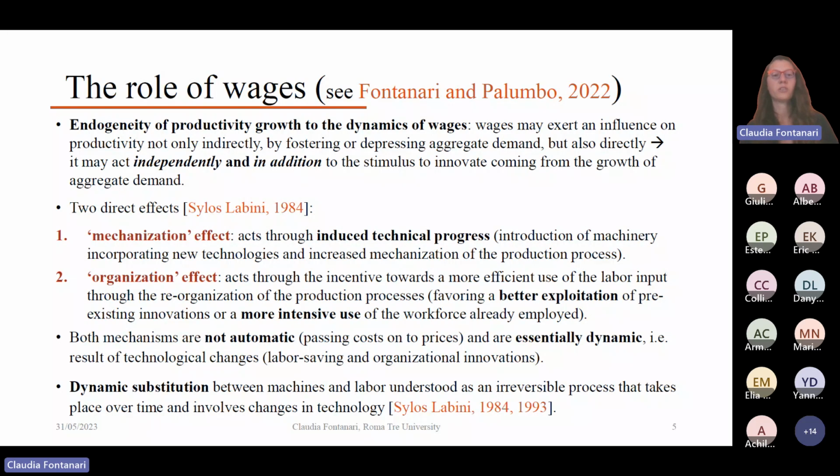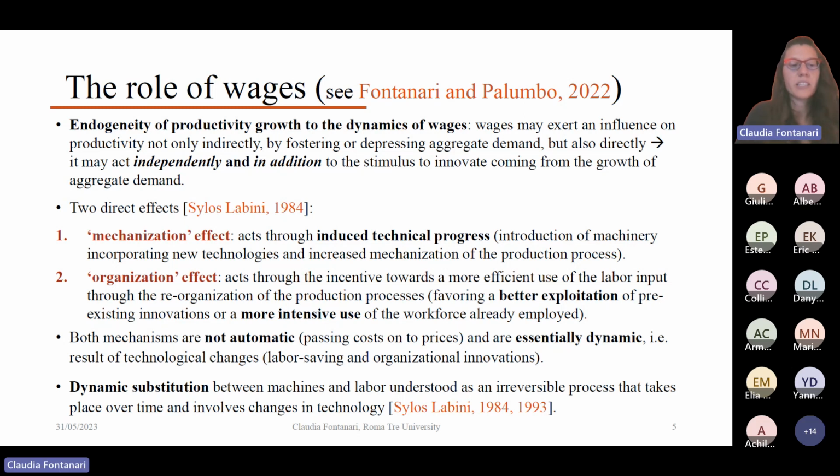Then we have the organization effect, which acts through the incentive toward a more efficient use of the existing labor input, which can be achieved through the organization of the production process by a better exploitation of pre-existing innovation or the introduction of organizational innovation that allows a more intensive use of the workforce already employed.